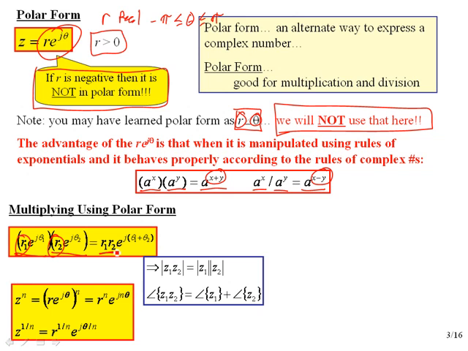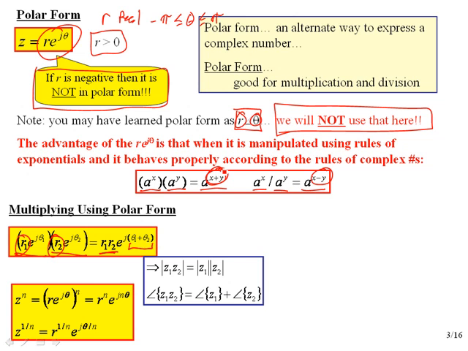R is called the magnitude, theta is called the angle. So to multiply in polar form, the new magnitude is the product of the two original magnitudes, and the new angle, which is the thing next to the j, is the sum of the two original angles. So very simple form. This right here is why we add those angles.